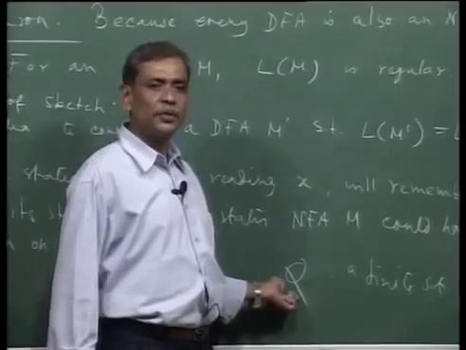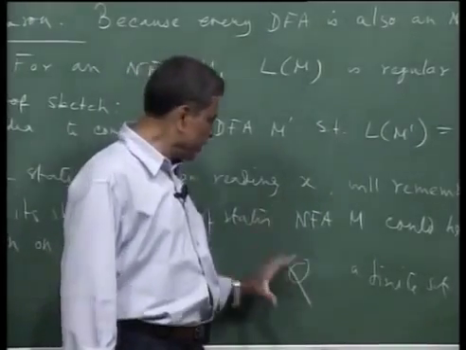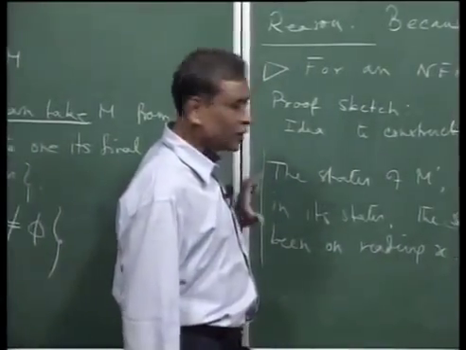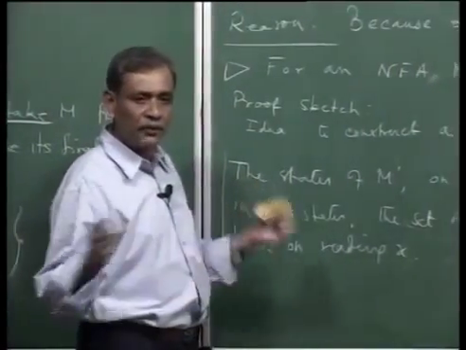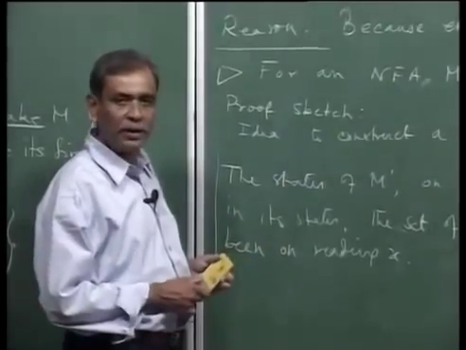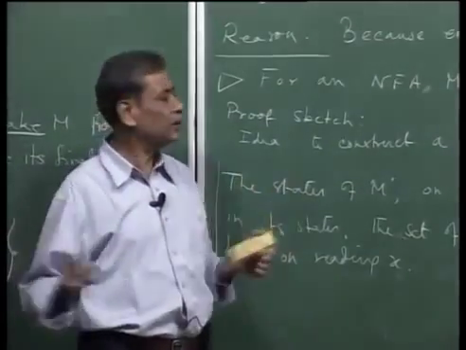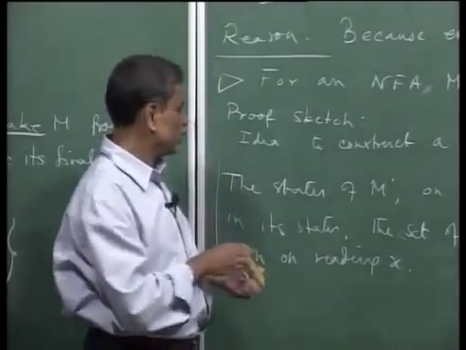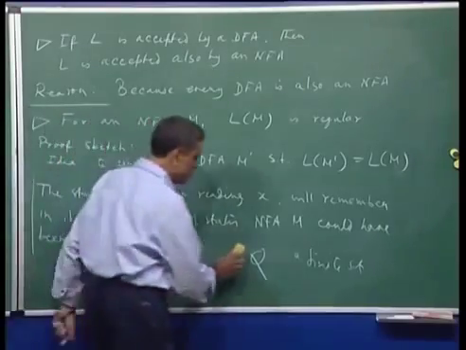Clearly, that will also be finite. So, this information that the DFA needs to keep track of is a finite amount of information, and that does the work.